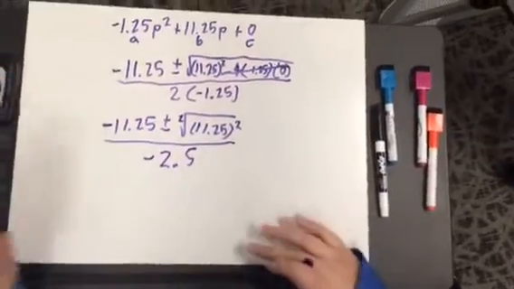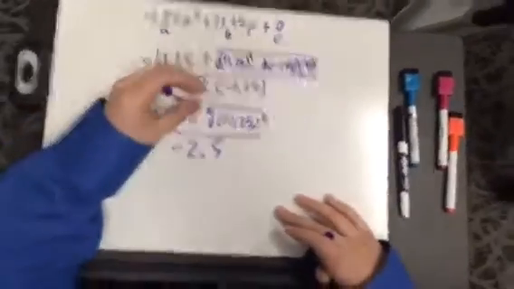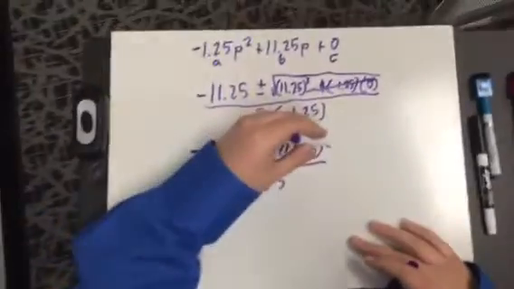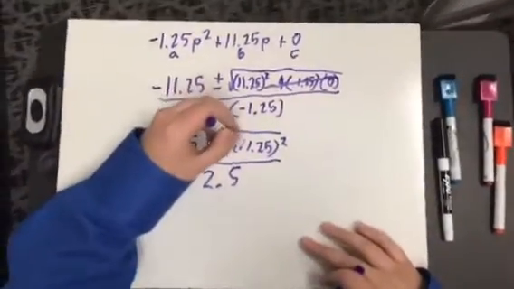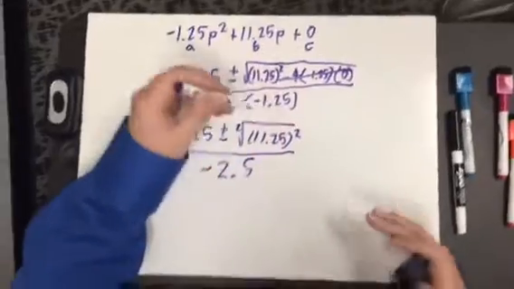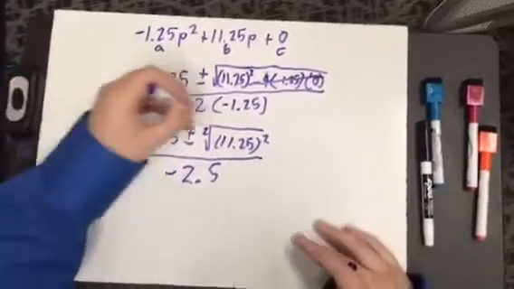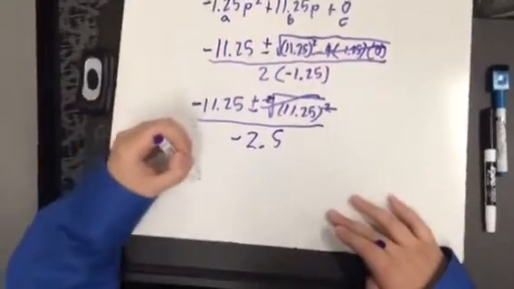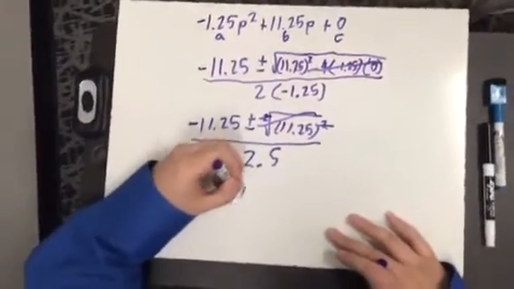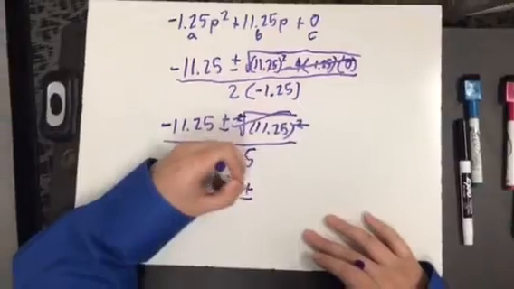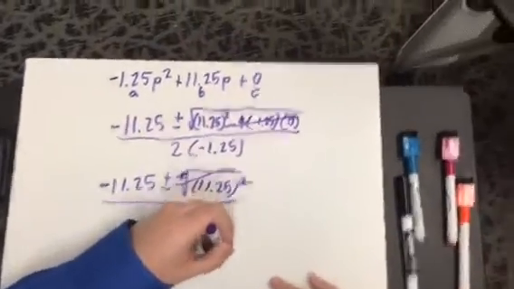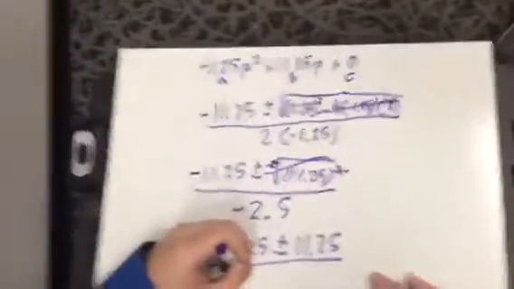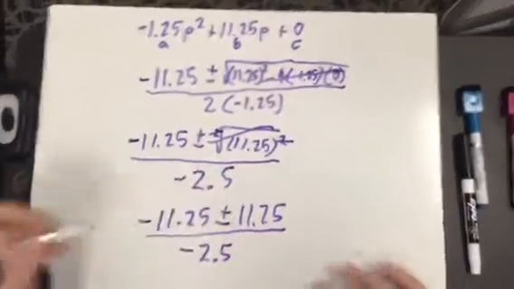Okay, so now, like I said before, we made our job really easy by getting 11.25 squared, and the square root of that would just simplify to 11.25. So we have negative 11.25 plus or minus 11.25 over negative 2.5.